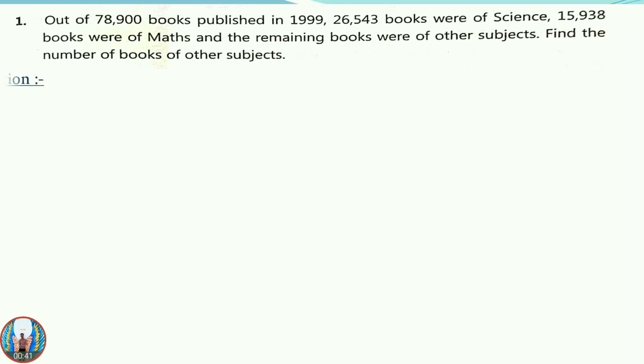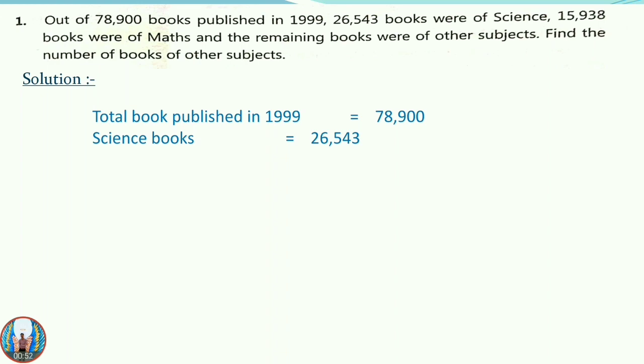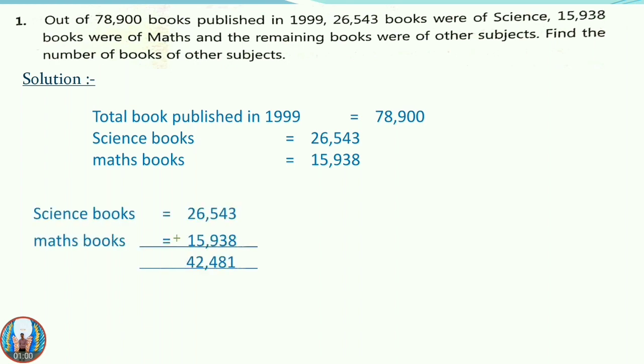So, total books published in 1999, that is 78,900. Science books is 26,543. Maths books 15,938. So first of all, we have to add the science books and maths books, that is 42,481.